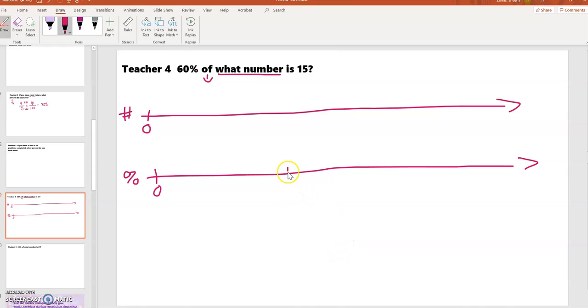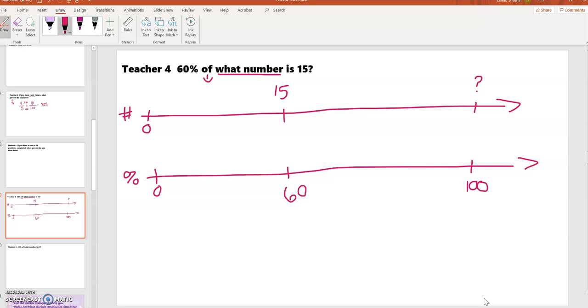So we know that 60% represents 15, and we want to know what the full number is. When we're looking for the full or total number, that represents the 100% value. So I'm going to put a question mark under 100% because that is what I am trying to solve for.